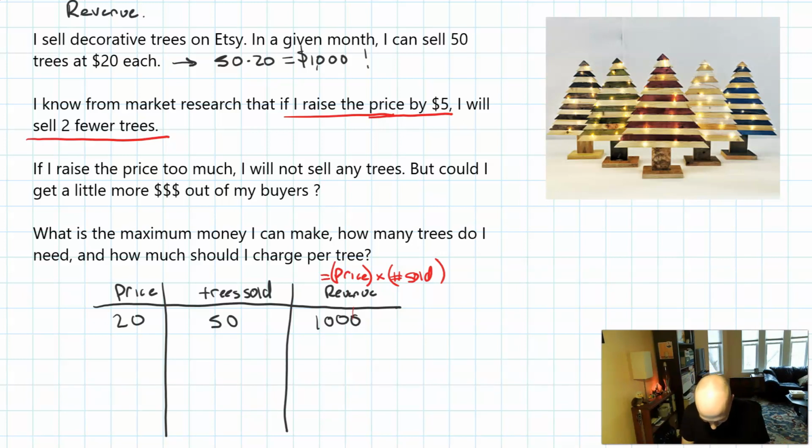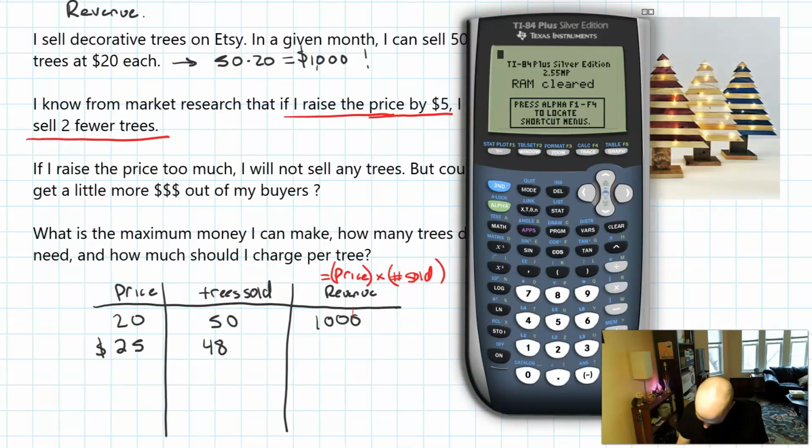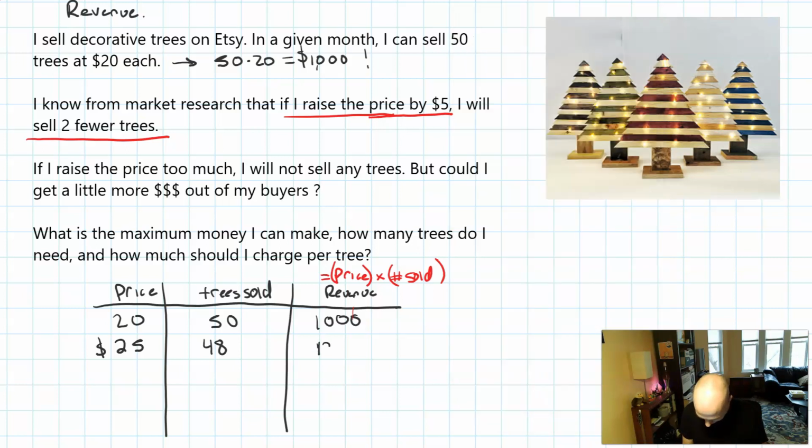All right, so if I raise the price by $5, that'd be $25. I would sell 2 fewer trees. That'd be 48 trees. 25 times 48, that would give me $1,200. So it seems like with just a little change, I can make a lot more money.